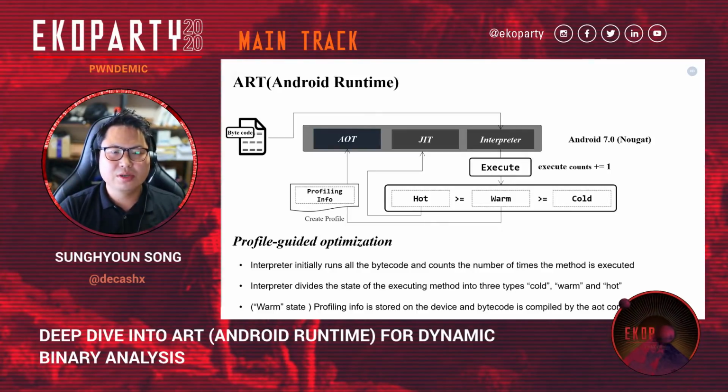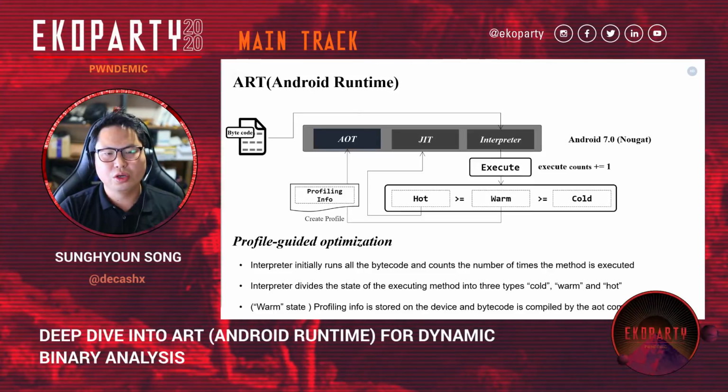Once the state of a function becomes warm, the profiling info is created to record information such as the number of executions, then saved in the mobile device.